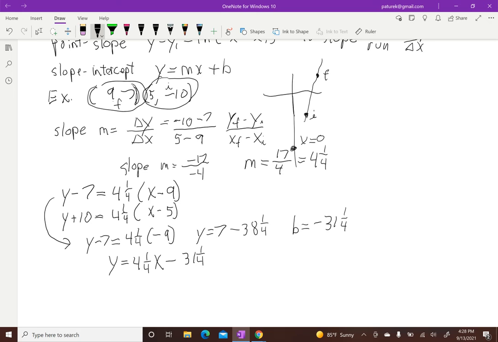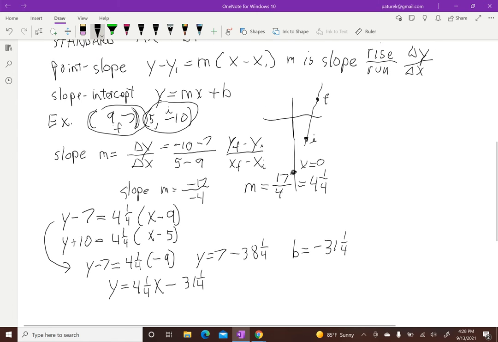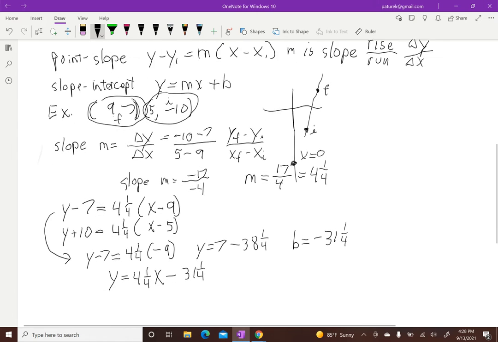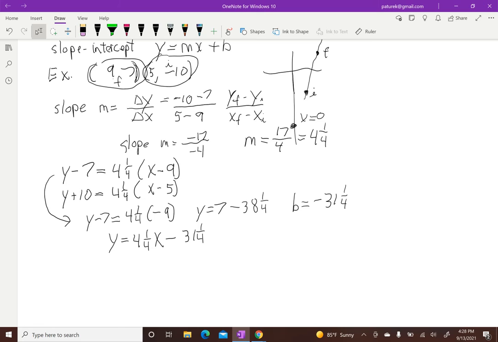And of course, the last way to express this would be in standard form. To put it into standard form, I would kind of like to get rid of that fraction of 1/4, but maybe not first. So let me just subtract y from both sides, add 31 1/4 to both sides, and rewrite it.